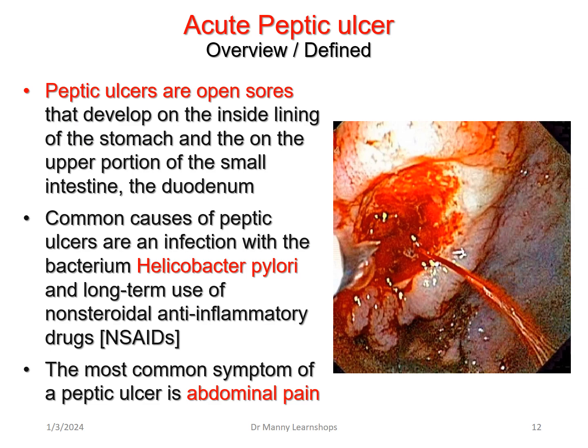Common causes of peptic ulcers are an infection with the bacterium Helicobacter pylori, or it could be as a result of being on non-steroidal anti-inflammatory medications for a long period of time. However, the most common symptom of a peptic ulcer is going to be abdominal pain.